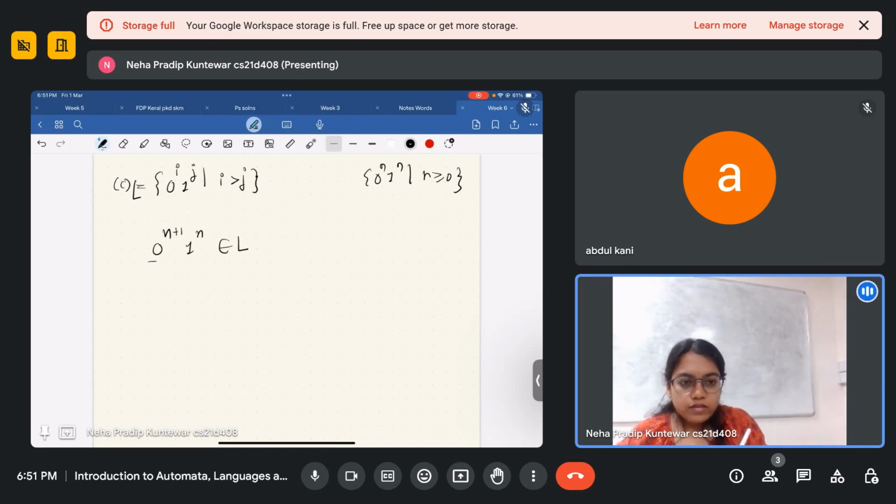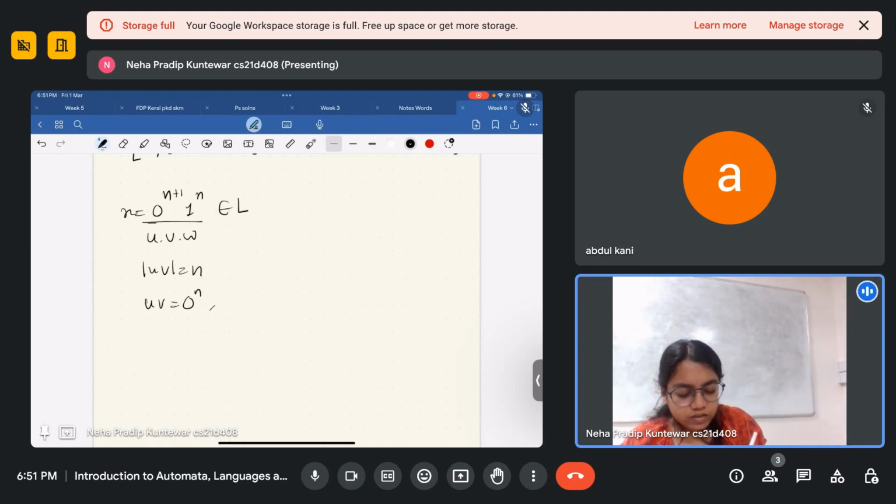But let's try to break this string in the form UVW. The length of UV is n, so UV is nothing but 0 to the n. If we break it into U and V, U is some 0 to the n minus L and V is some 0 to the L, for L greater than or equal to 1.